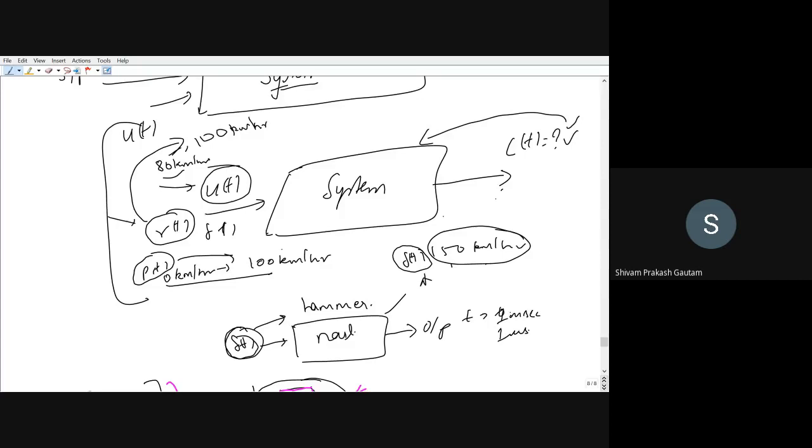A car is immersed in water for I think 1 week, and they see whether there is any effect of rusting and all. These are various ways to test the systems we are developing, right? We cannot just put four wheels on anything and come to the road. It is not like that.